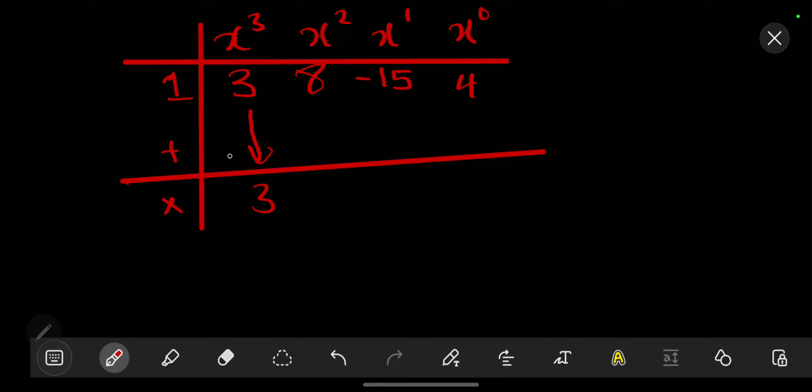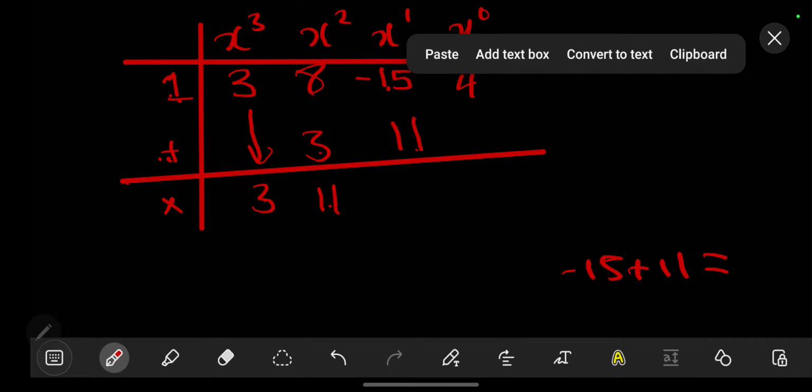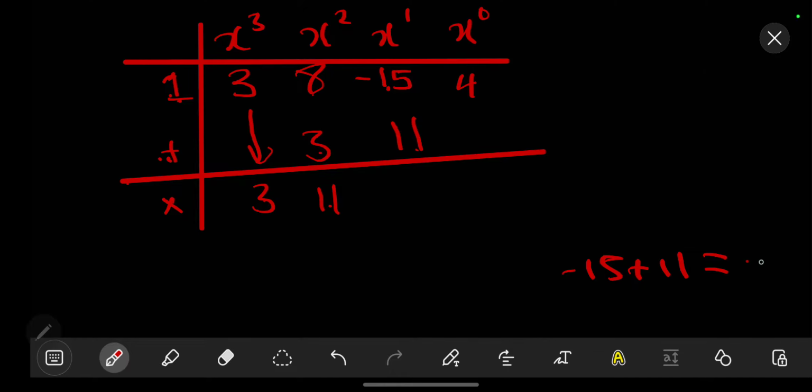Drop the 3, 1 times 3 gives us 3. Then 8 plus 3 gives us 11. Multiply 1 times 11, this gives us 11. Add negative 15 plus 11, this gives us negative 4. Multiply 1 times negative 4, it's negative 4. 4 plus negative 4 is 0.